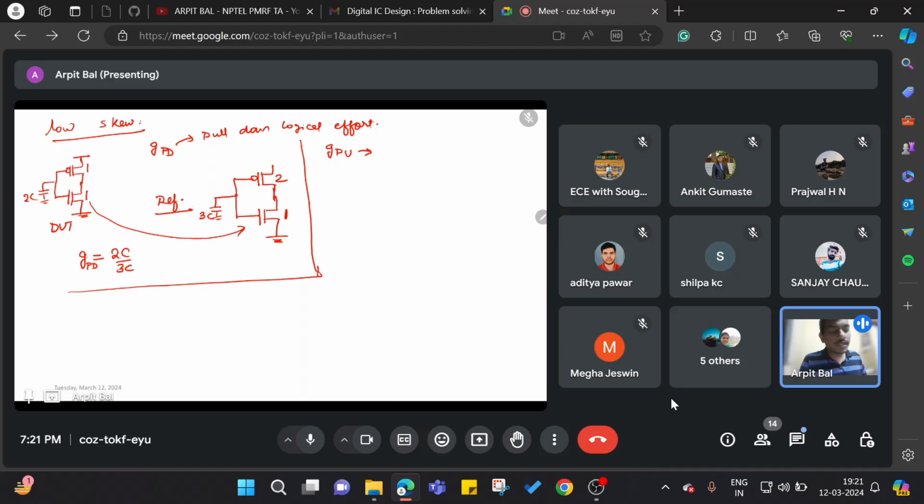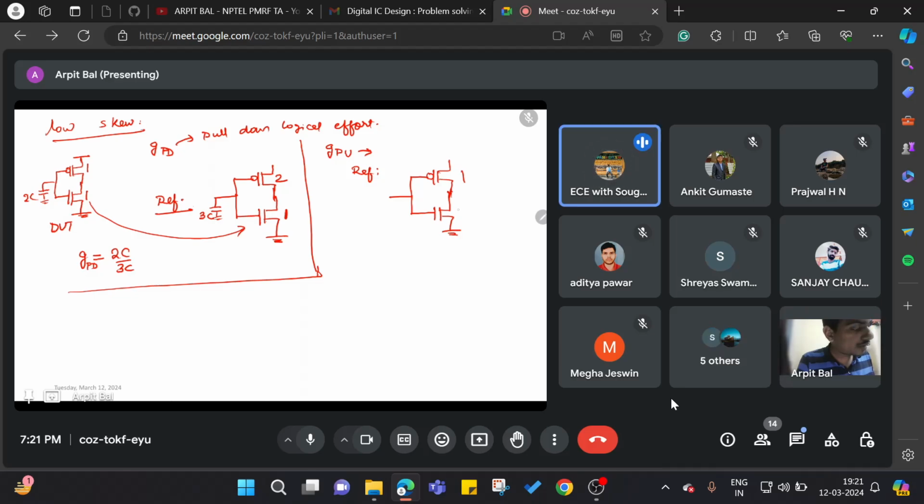So while doing GPU, can you tell me what will be my reference inverter? Then my PMOS should have the same size, that means 1, right? Yes. And what will be my NMOS value if I want to have symmetric swing? Just half.